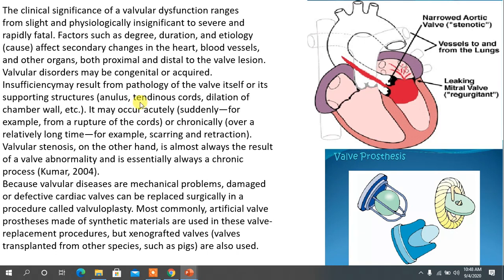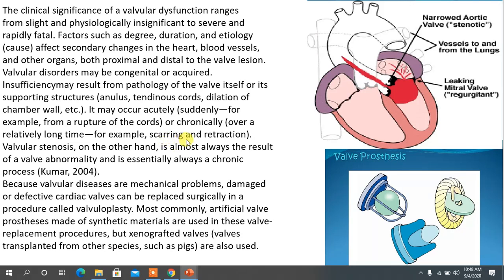That leads to incompetency of the valve, which may be related to the valve itself or to the supporting structures. It can be very acute, for example a cord ruptures suddenly, so the regurgitation appears all of a sudden, or it may be chronic, developing over a long time. There is scarring and infection.